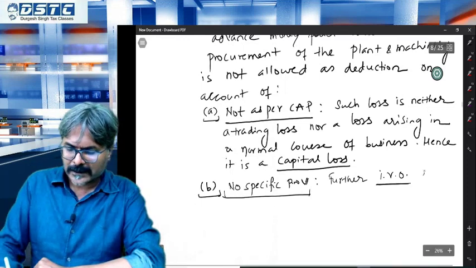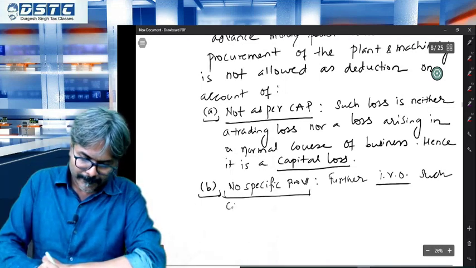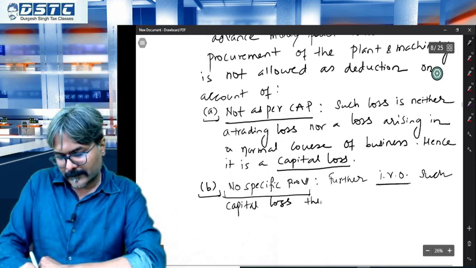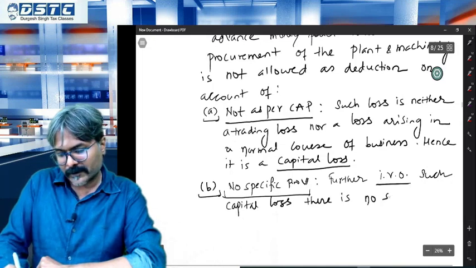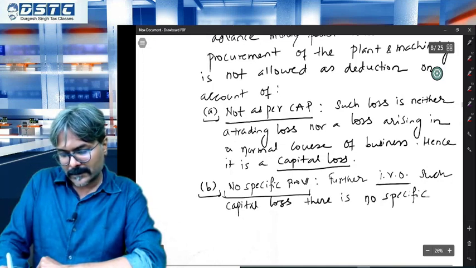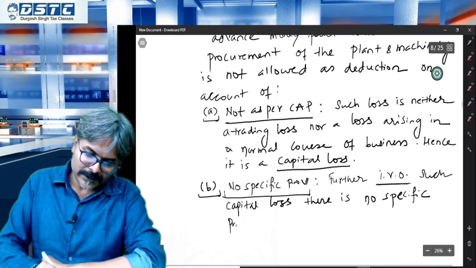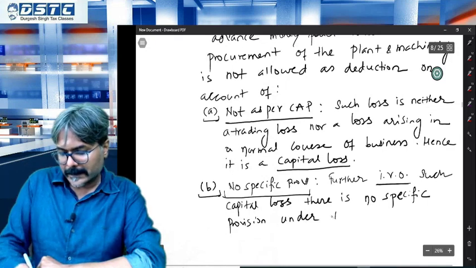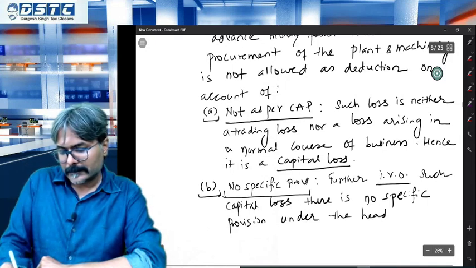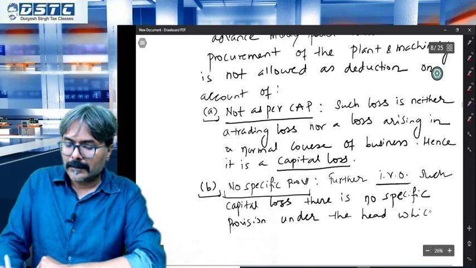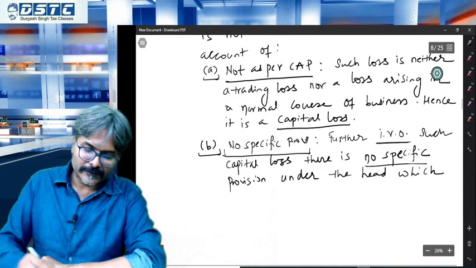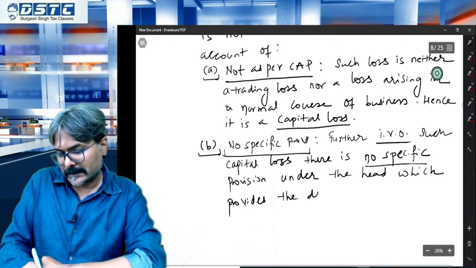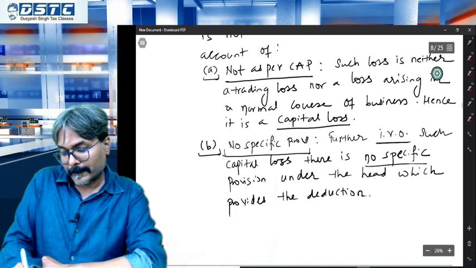Further, in respect of such capital loss, there is no specific provision under the head which provides the deduction.